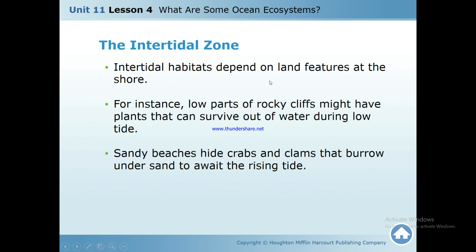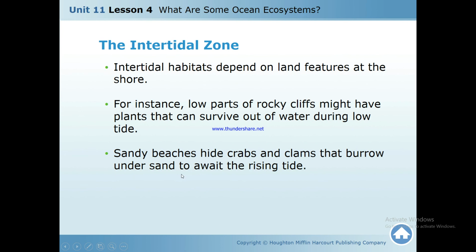Now, sandy beaches. Those are not rocky cliffs. They hide the crabs and clams that burrow under the sand to avoid the rising tide. What happens to the crabs during low tide? They hide themselves down under the sand.